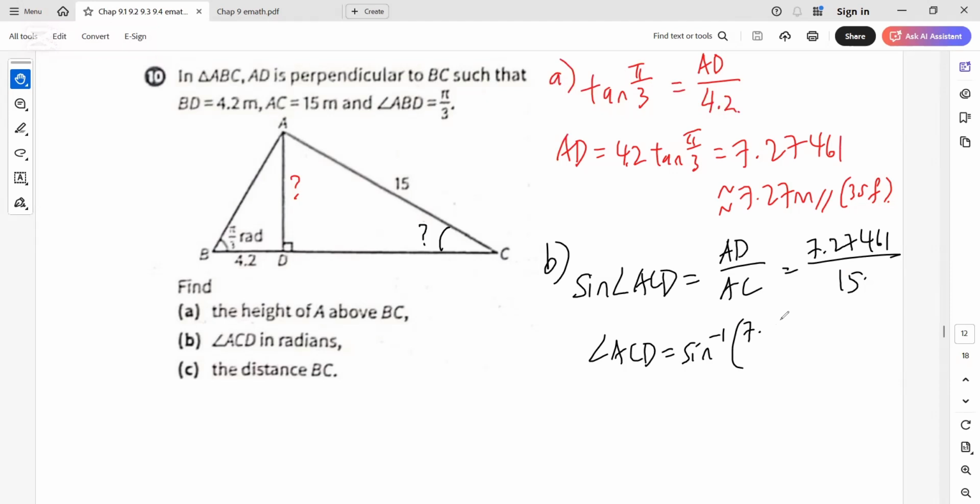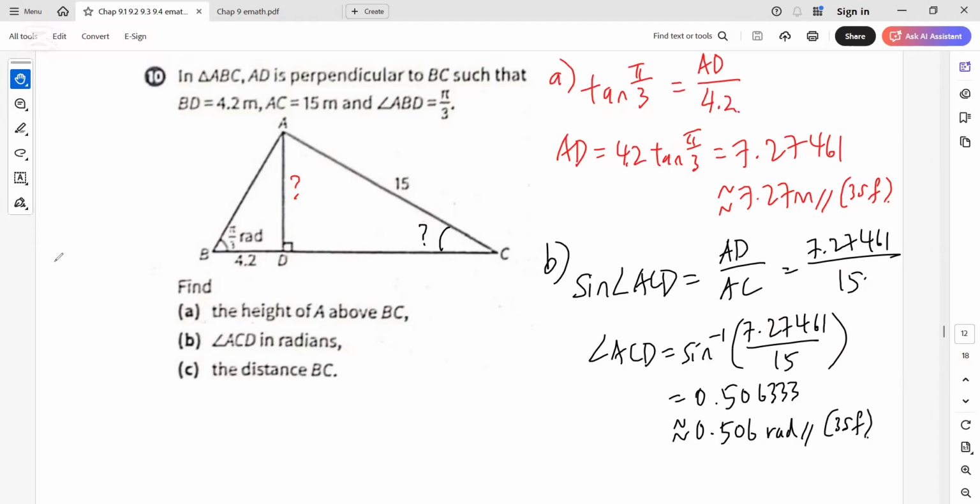Remember you need to use radian mode for this part. So let's key in sine inverse of 7.27461 over 15. I have 0.506333, so round off 3 SF, 0.506 radian.